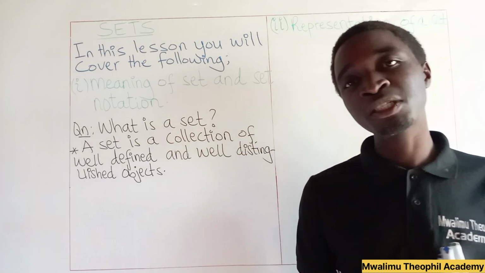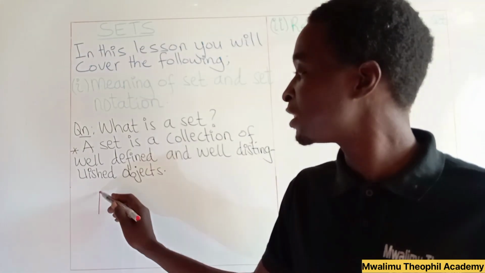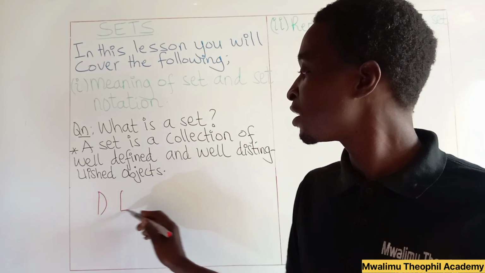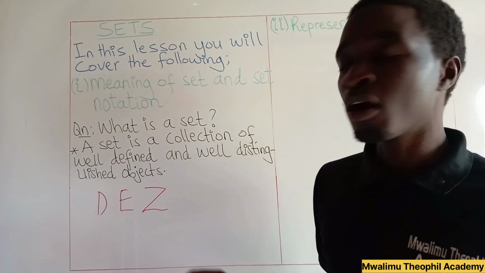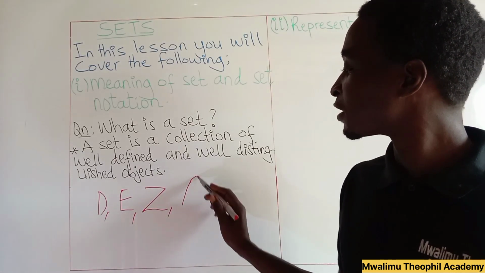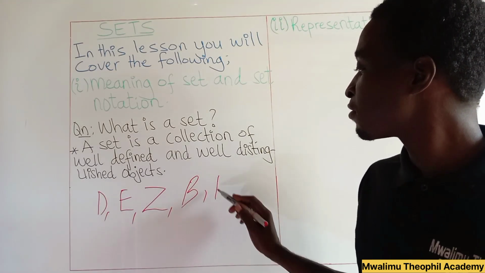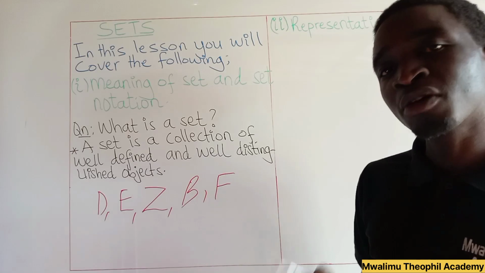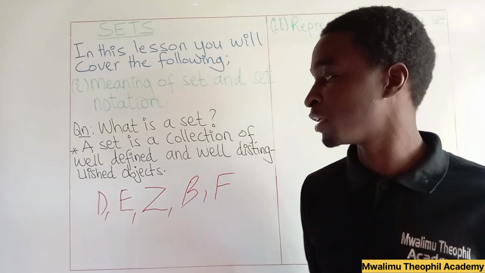The capital letters used may be a capital letter D, or E, or Z, or a capital letter B, for example, or a capital letter F. So you have to know that when we name a set, we should use a capital letter, as I have shown you here.